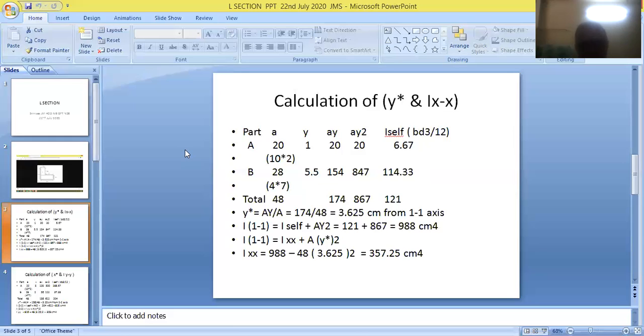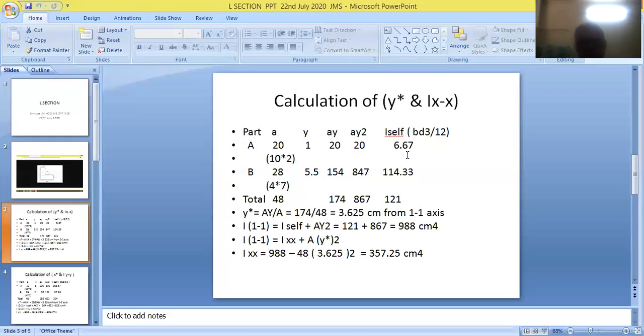So friends, this is the table which you are supposed to prepare. The table consists of names of components, areas of components, Y values of components, AY values of components, AY square values of components, and I self values of components.